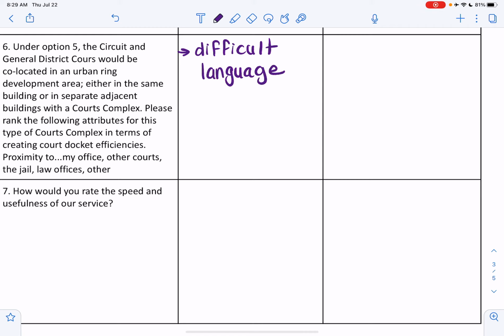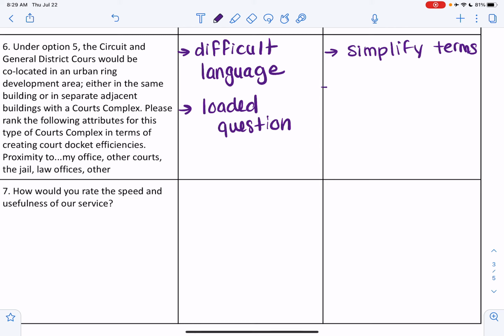And there's so much going on in one sentence that this would definitely be a loaded question. Now, how could I fix that? I definitely have to simplify the words. Or I could maybe break it down into multiple questions. Just to make it clearer.